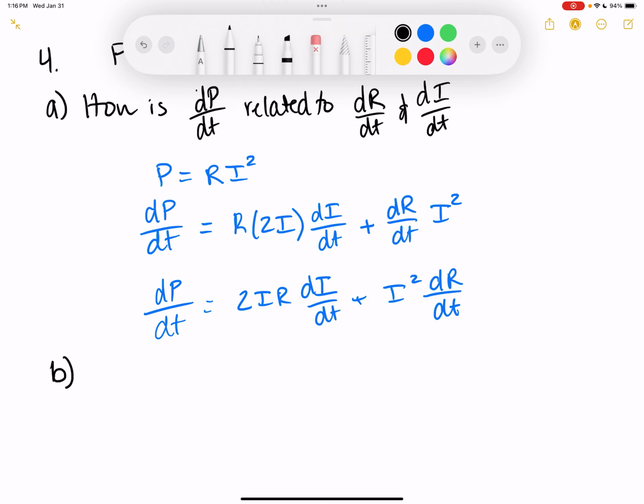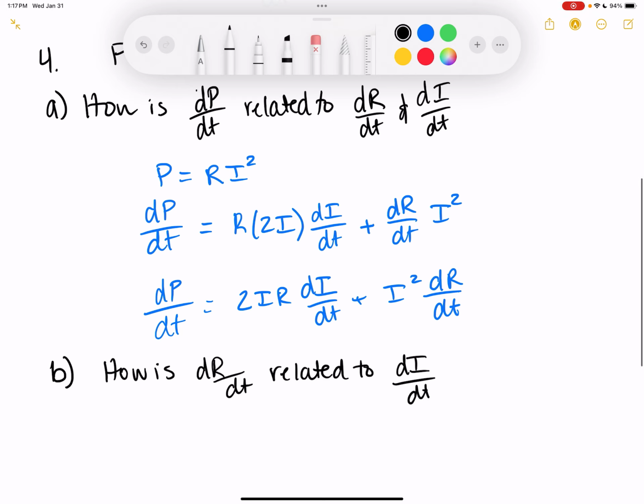Then part B: how is dr/dt, keep writing it backwards, related to di/dt if p is constant?